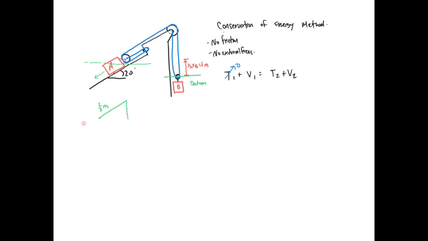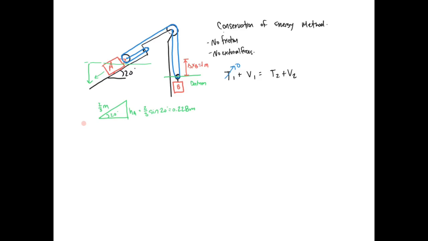And then here, the HA for the potential energy of A will be equal to 2/3 sine of 20 degrees, which is equal to 0.28 meters, because this angle is 20 degrees. So we set the datum for A there, and downwards means that the potential energy of A is actually going to be a negative number.